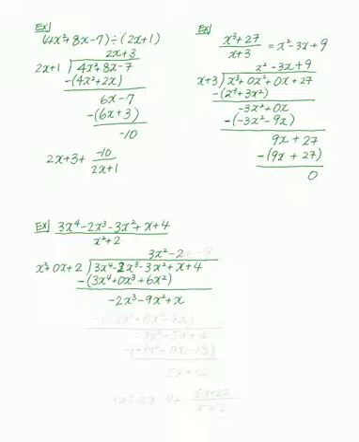I need something times x squared to give me minus 2x to the 3rd. That's going to be minus 2x. Minus 2x times x squared is minus 2x to the 3rd power. Minus 2x times 0x is plus 0x squared. Minus 2x times 2 is going to give me minus 4x. And now I'm going to subtract.